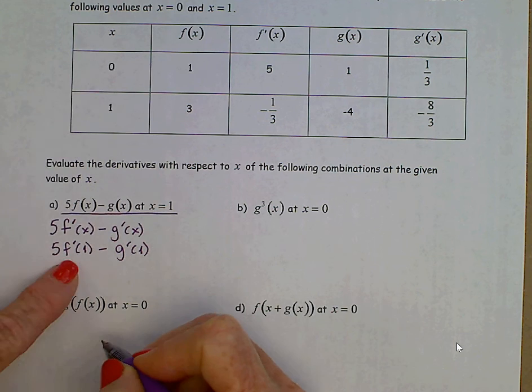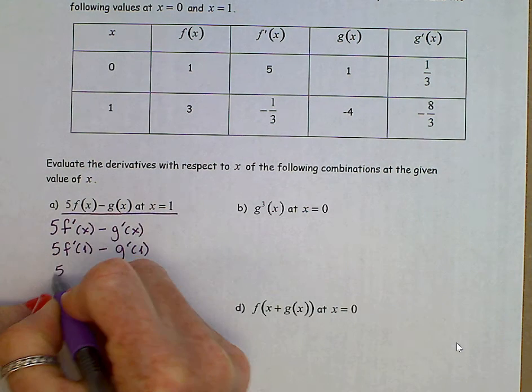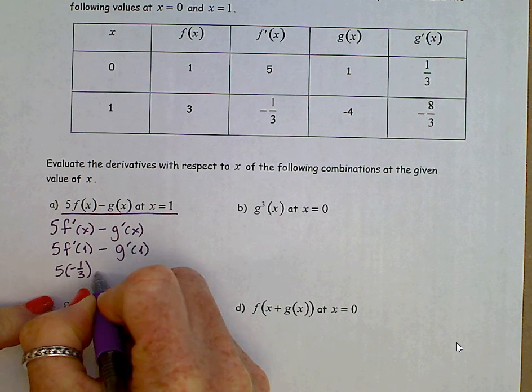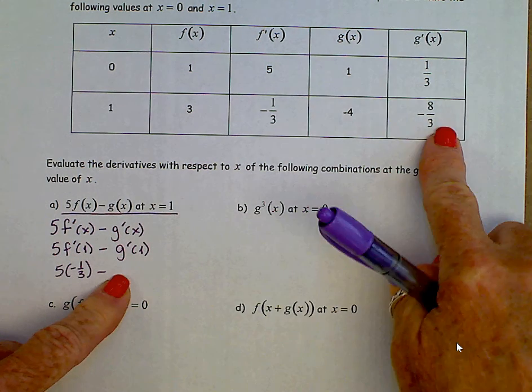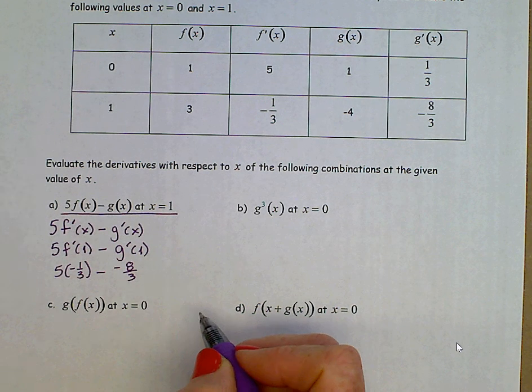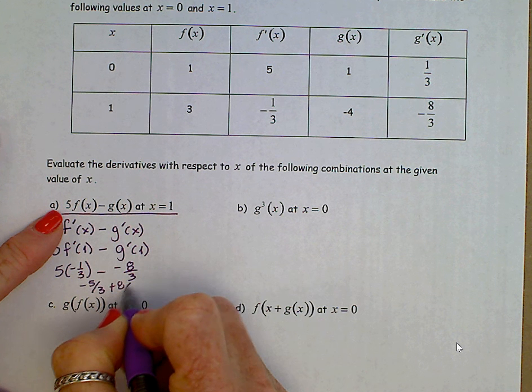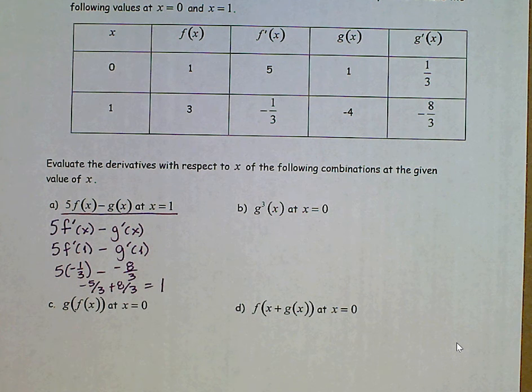Now go read the table. F prime at 1 is negative 1/3. Minus g prime at 1 is negative 8/3. This will give us a negative 5/3 plus 8/3, which is 1.